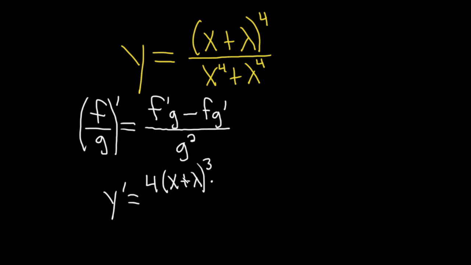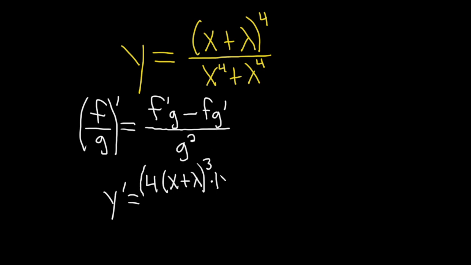And then times the derivative of the inside. The derivative of x is 1. The derivative of lambda is 0 because it's a constant. So again, we brought down the 4, left the inside untouched, subtracted 1, and then times the derivative of the inside. We're using here the chain rule, which says you take the derivative of the outside, leave the inside alone, and then multiply by the derivative of the inside.